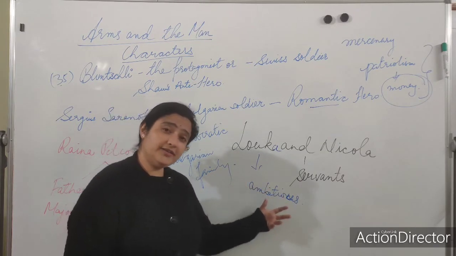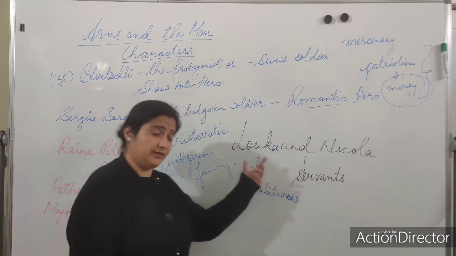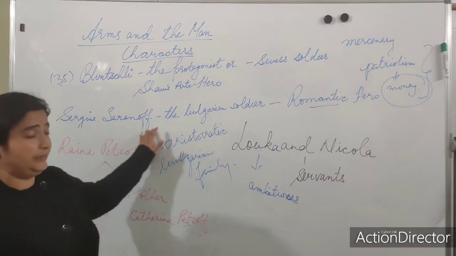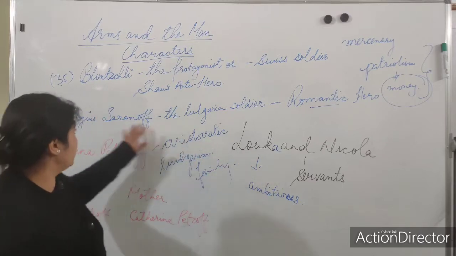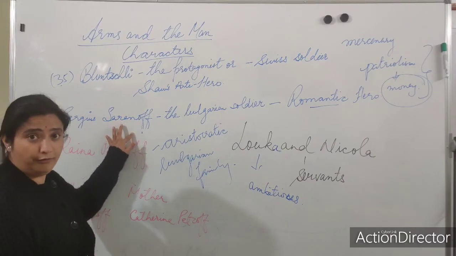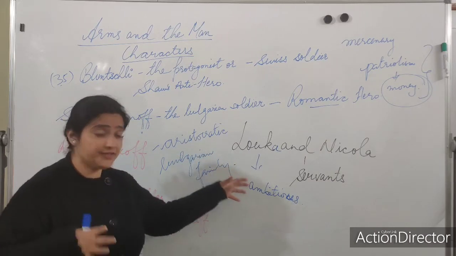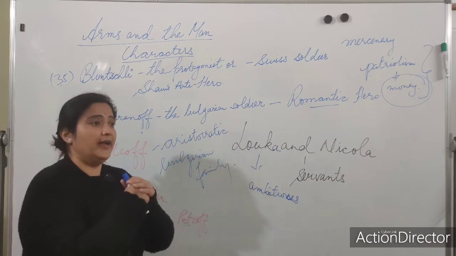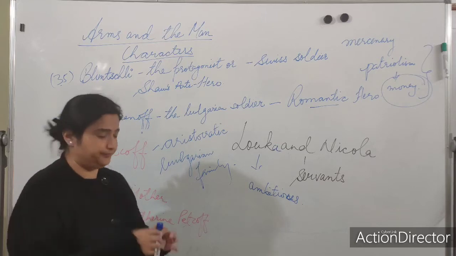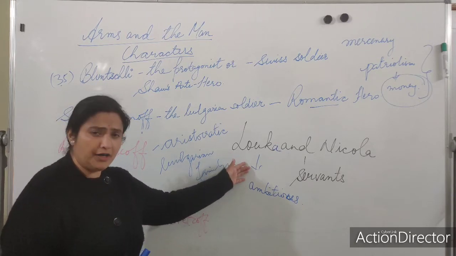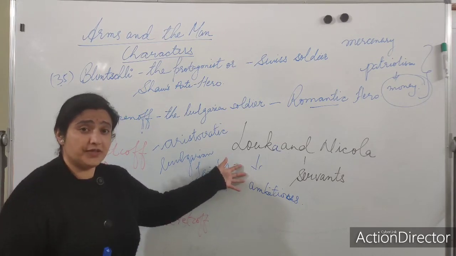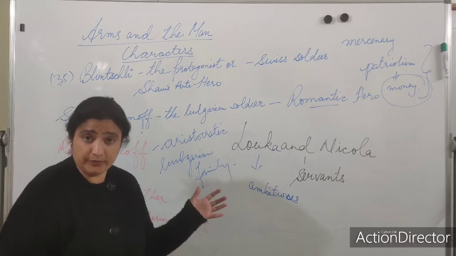And slowly and steadily events so happen that by the end of the play you'll find that Louka is marrying Sergius Saranoff. So see her heights of ambition, the kind of class division that she shows, and the class struggle, how she struggles, whether she is using witty means or good means.